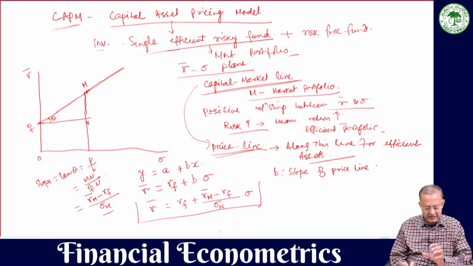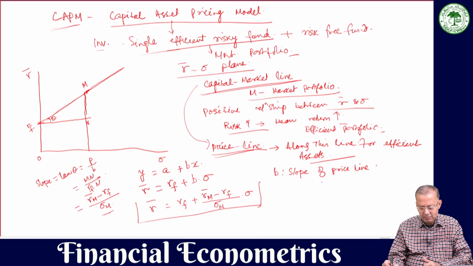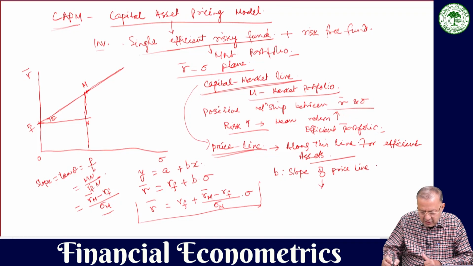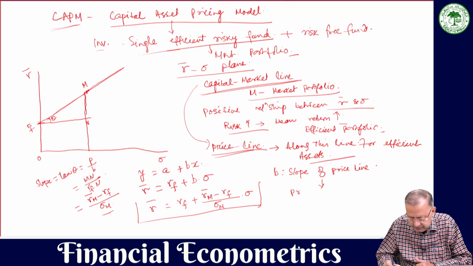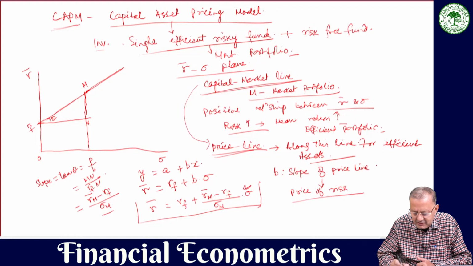So what is this b factor, the slope of the line? This also shows the price of risk. What does this sigma indicate? Sigma indicates the risk factor.